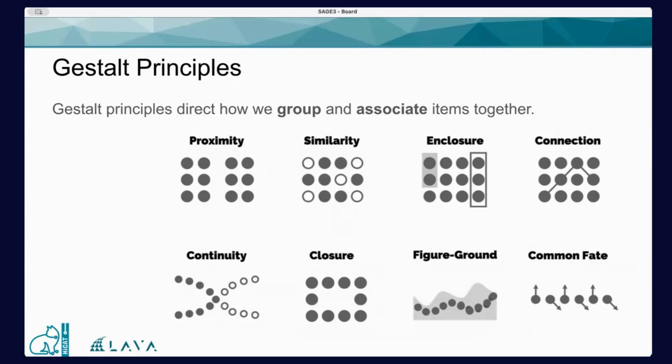Once you connect things with a line, it tells you that those things are strongly connected. All of these things are relevant when you're creating a visualization and you want to show something about items. This group is different from this group of points. How do you manifest it? You could put a background behind one and the other. It will make a very strong impression that they're very different.